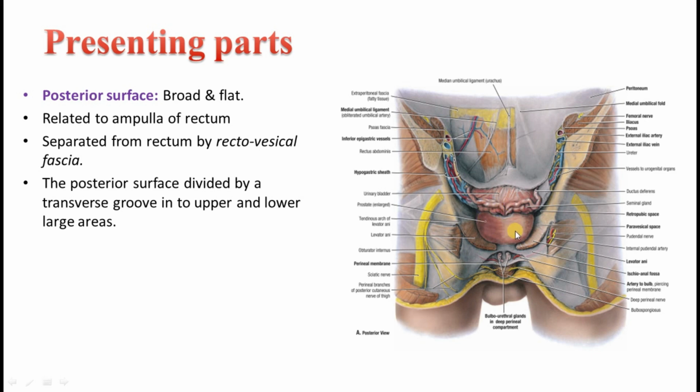Below that you see the prostate gland, and this is the levator ani muscle forming the pelvic diaphragm. That should be the superior fascia of the urogenital diaphragm, and that the inferior fascia of the urogenital diaphragm. Between these two you will have the deep transverse perineal muscle.